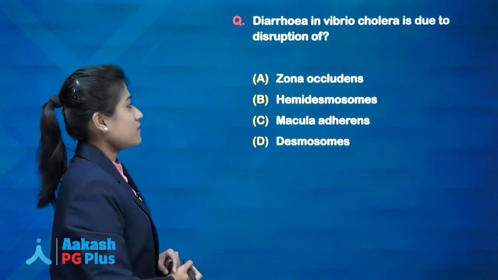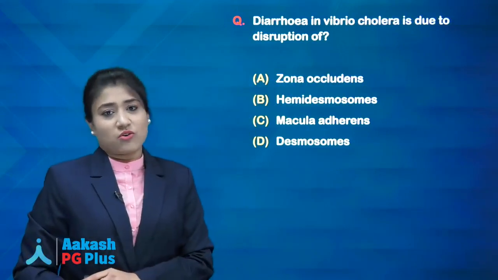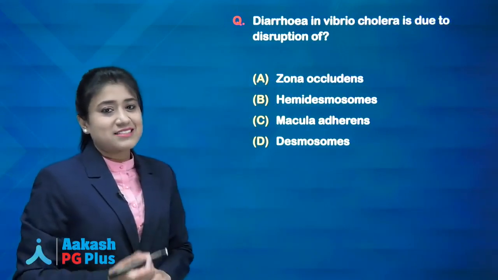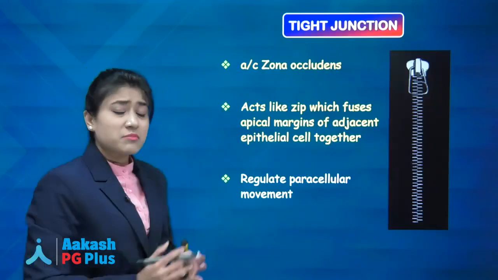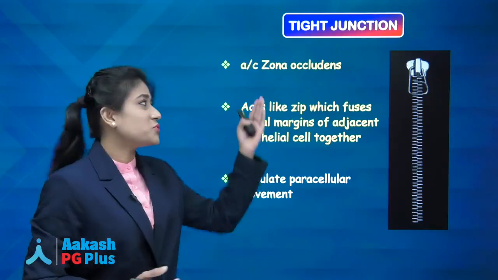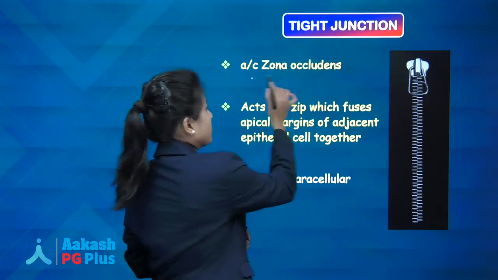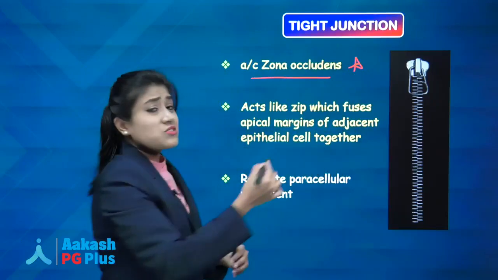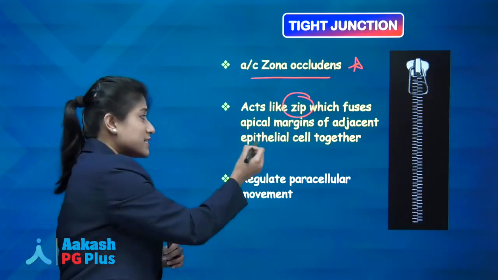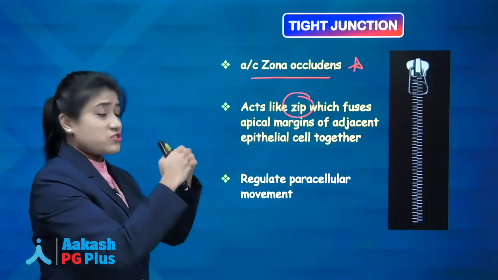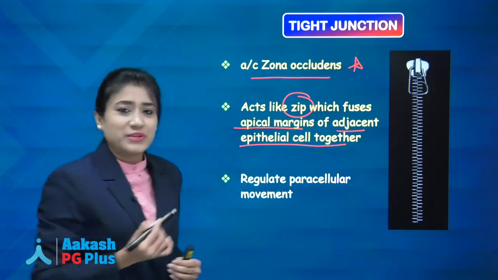Okay. Now next question, diarrhea in Vibrio cholera is due to disruption of. Remember guys, the answer to this question is zona occludens. Let's see how. Remember, zona occludens is nothing but your tight junction. Your tight junction is also called zona occludens, and it is like a zip which fuses the apical margins of the adjacent epithelial cells together.